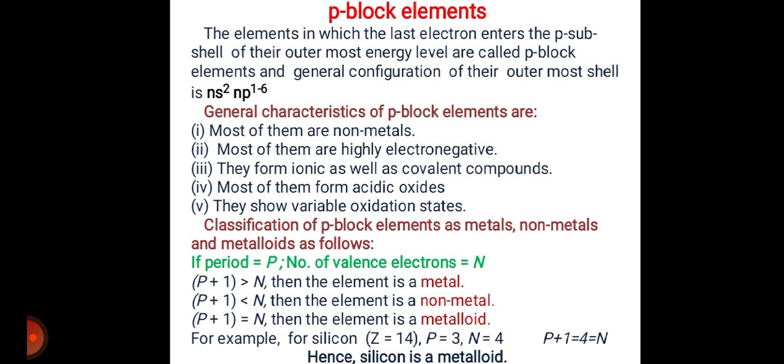So for example, silicon, atomic number 14: it depends on the period, P is 3, and N is the valence electrons of silicon, which is 4. So P plus 1 is equal to 4.